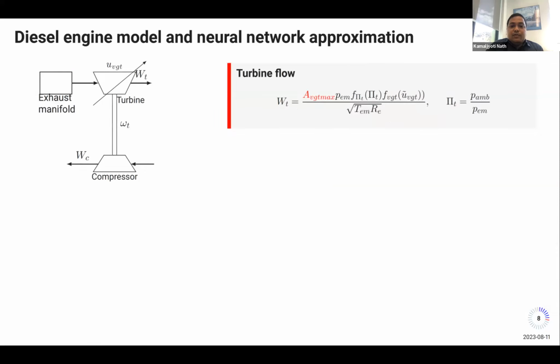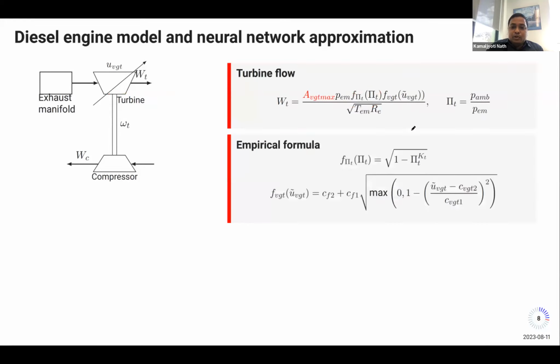Next is VGT flow. VGT flow is given by this equation. So there are also two parts. One is this pressure ratio, which gives the pressure between the atmospheric and the exhaust manifold. So this controls that there is no backflow from outside to the VGT. And then there is a parameter related to the VGT actuator. So there are two empirical formulas which control this. One is related to the pressure ratio, and the second is related to the VGT.